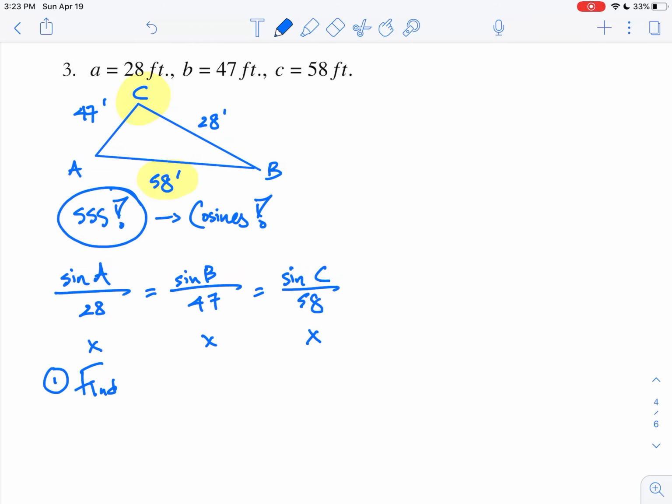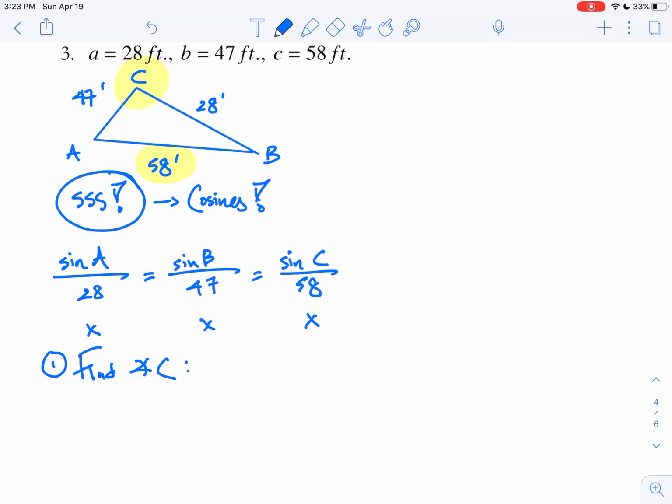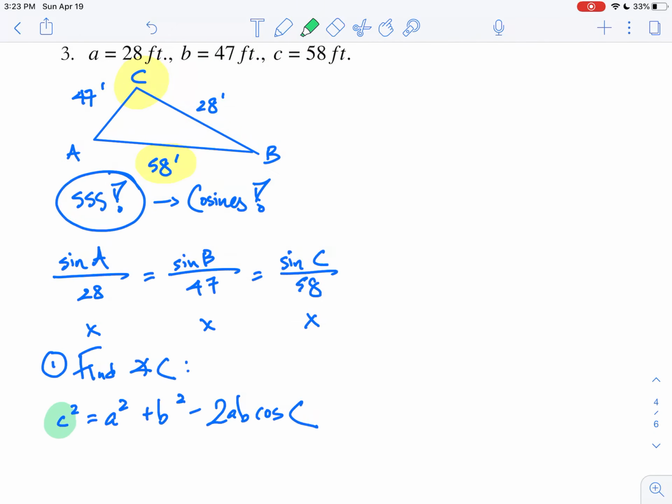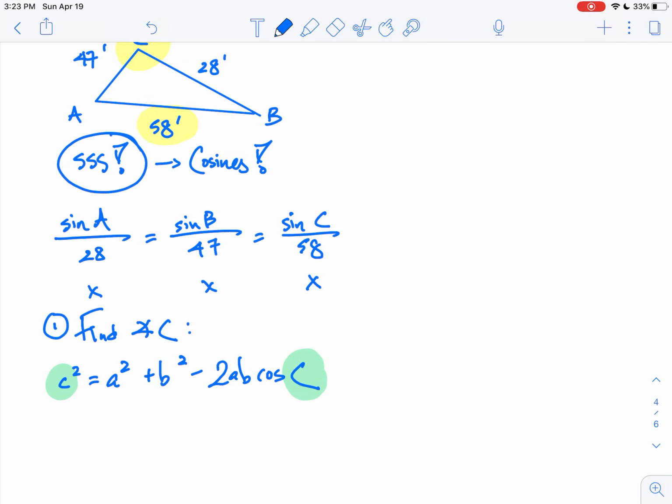Now that means I'm going to have to do c squared on one side because I want to finish with cosine C. So c squared equals a squared plus b squared minus 2ab cosine c. All right, so again, the letter on that side has to match the angle at the very end.